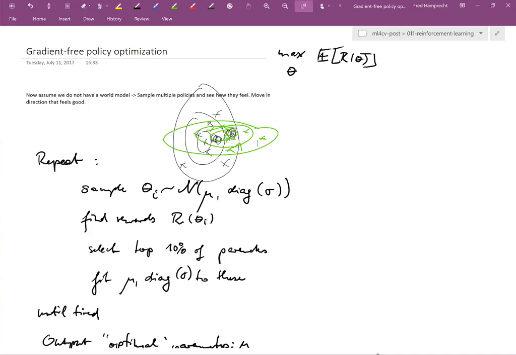Now once you've run your evaluations and you've selected the top 10%, then you just find the center of mass of your top 10%. This will give you your new mu, and you estimate the spread in the different directions. The variances will give you the sigmas.